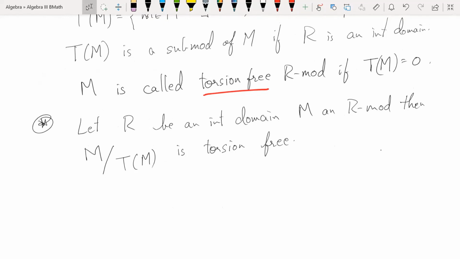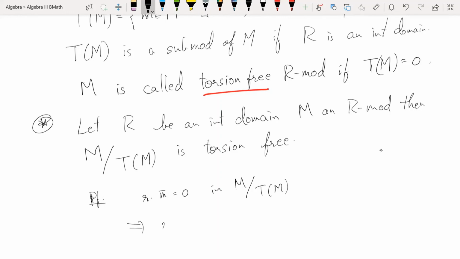So you have to just check that if r times m bar is 0 in M mod Tm, then we want to say that m bar is already 0.